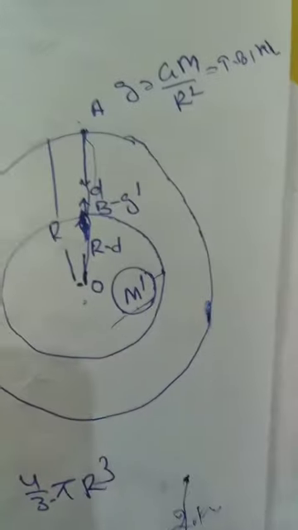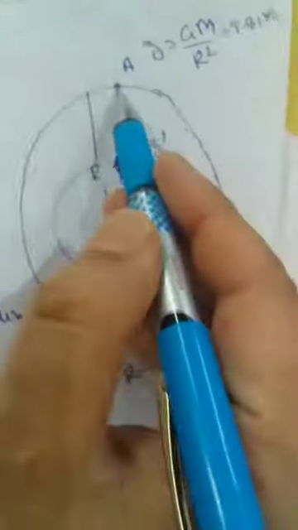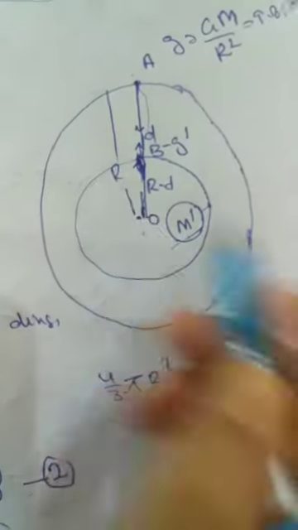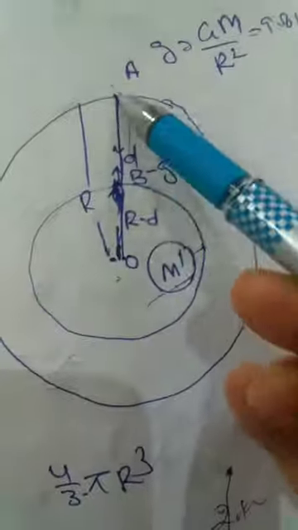If you remember, d is the depth, and at the center of the earth the depth becomes the radius. That means at the center of the earth, d becomes R, because when we take a body from the surface to the center, this d becomes the radius.